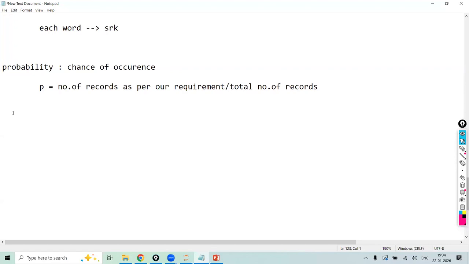Now, for example, take a basic example for probability: heads and tails. What is the probability of head?